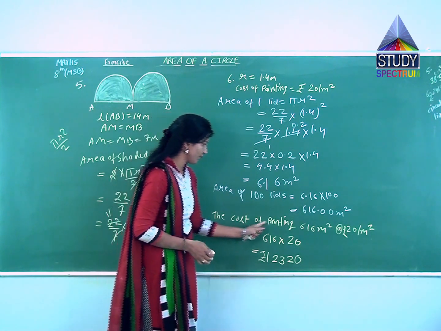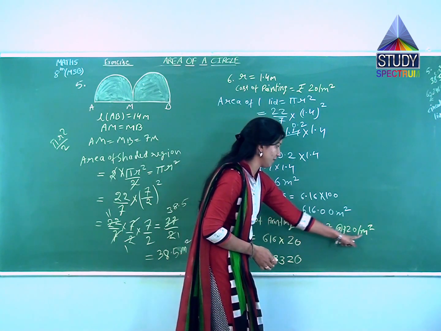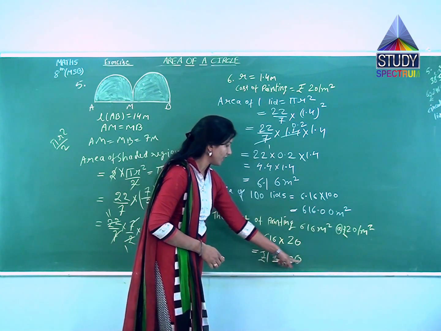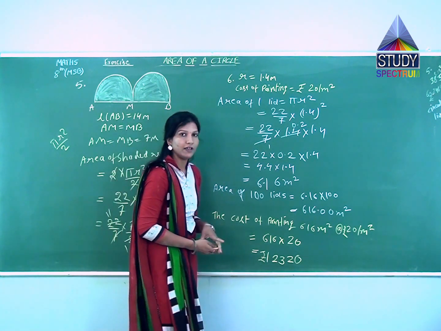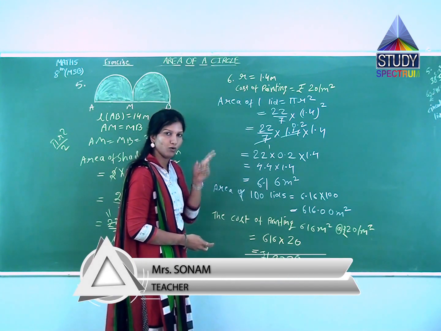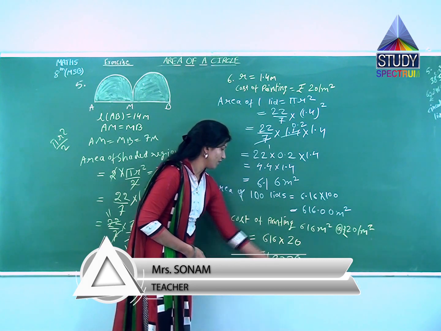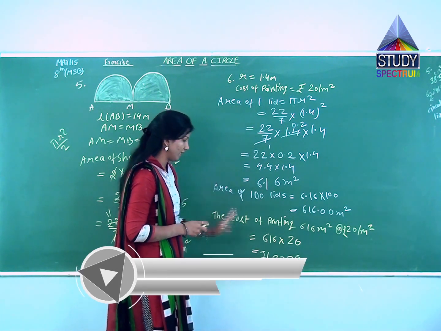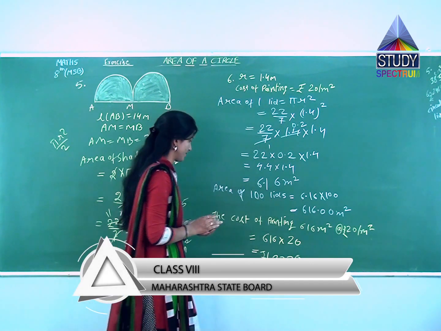Now the cost of painting 616 meter square at rupees 20 per meter square is rupees 12,320. But in the question it is given that we have to paint both sides of the 100 lids. But this is the cost for one side of such 100 lids. So we will multiply this value by 2 for painting both the sides.